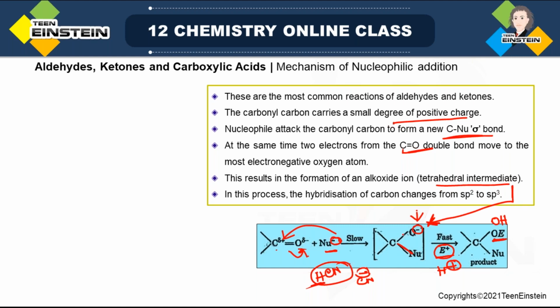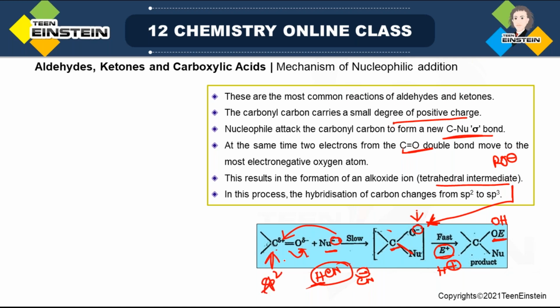within third bracket, right? You can also call it alkoxide ion, because alkoxide ion means this type of ion, oxygen carrying negative charge, and the rest of the part is attached to some carbon fragment. In general, you can write alkoxide as RO minus. So alkoxide is generated, it is a tetrahedral intermediate, and the interesting thing is, before the nucleophilic attack, this carbon is sp2 hybridized.